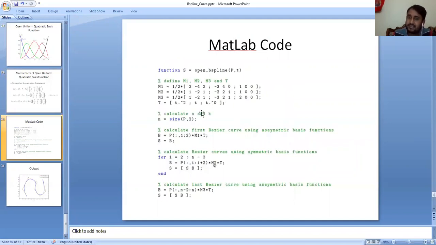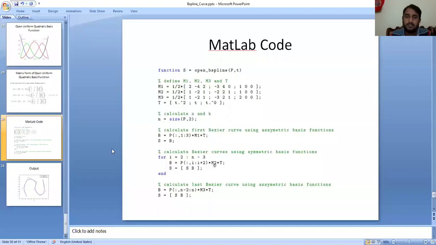t is nothing but the degree. n is the size of p comma 2, and k is the degree. Initially, so this will be the MATLAB code.